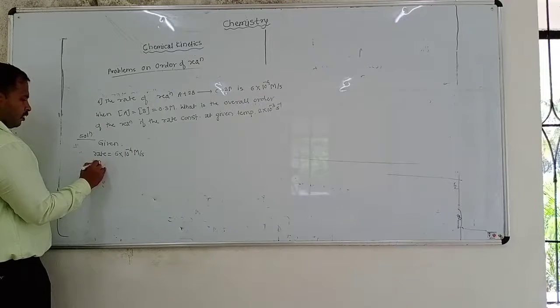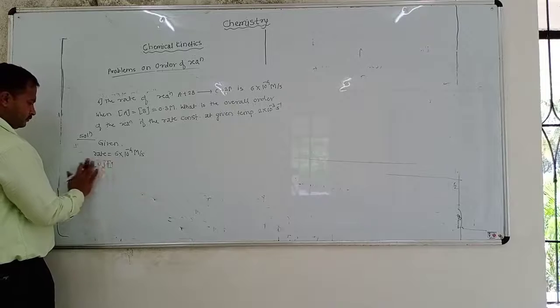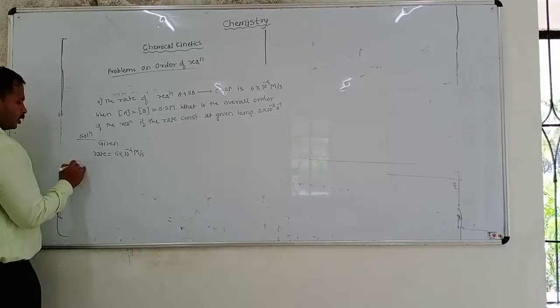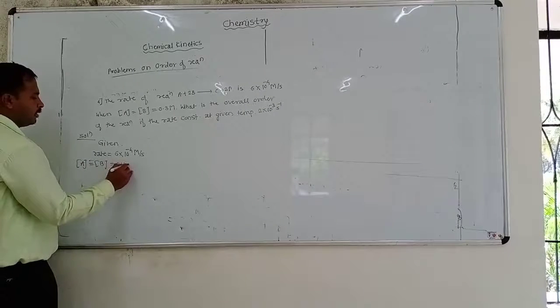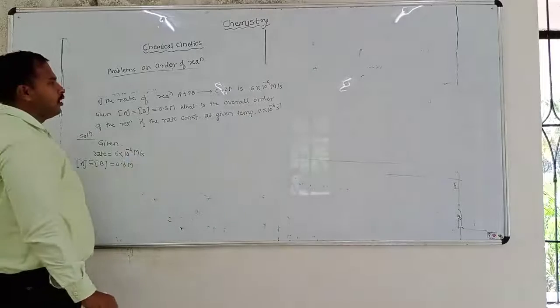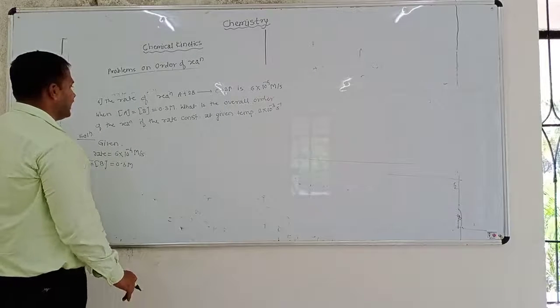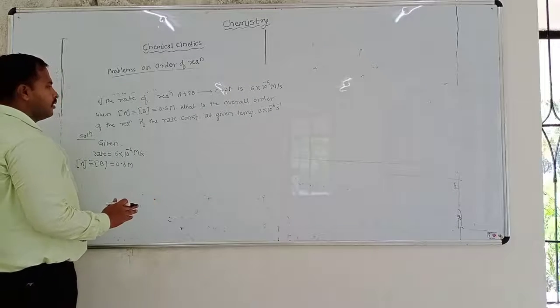Concentration of A is equal to concentration of B is equal to 0.3 molar. Concentration given है. What is the overall order of reaction?